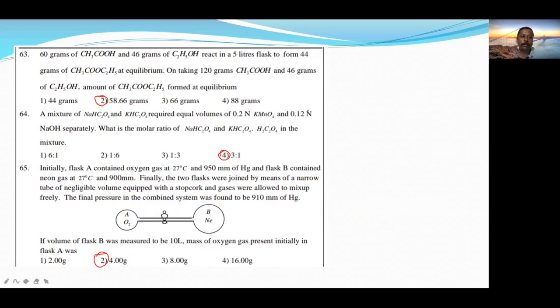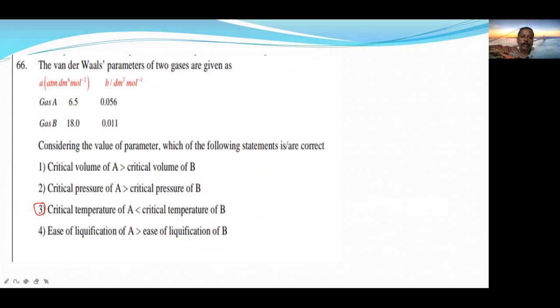Next page. The question is on Van der Waals parameters. It is theory but a tricky question. The parameters A and B are given; considering the significance of the parameter values, which is correct? The critical temperature depends on the intermolecular force of attraction.